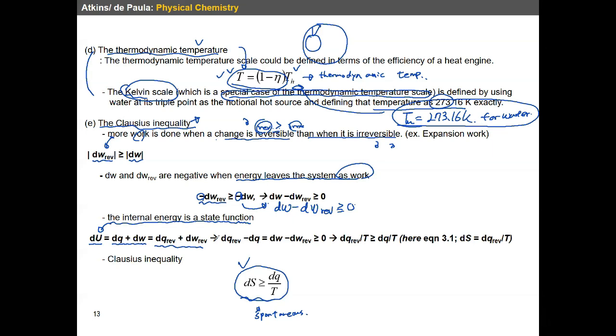Right? So then we can rearrange this equation like this, and we have dq reversible minus dq equals dW minus dW reversible.